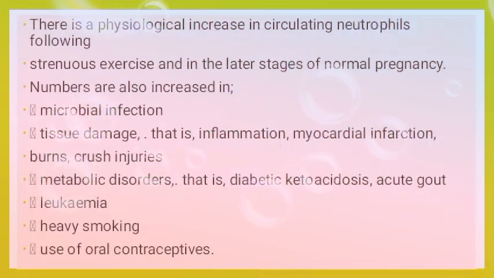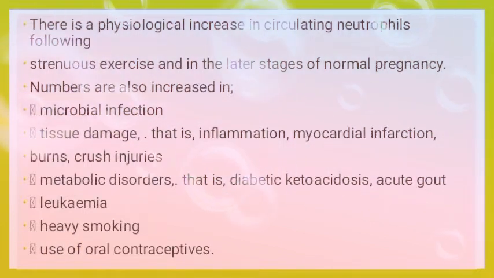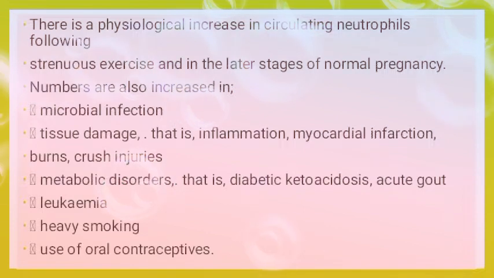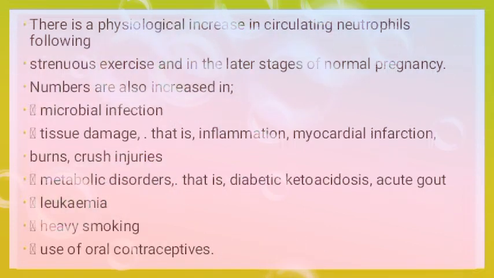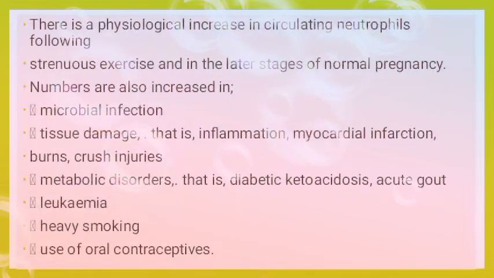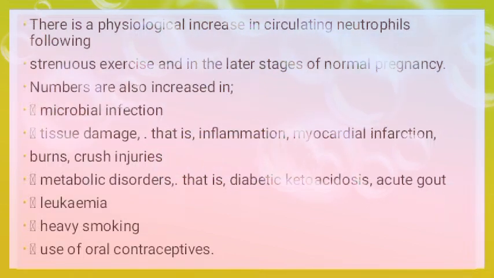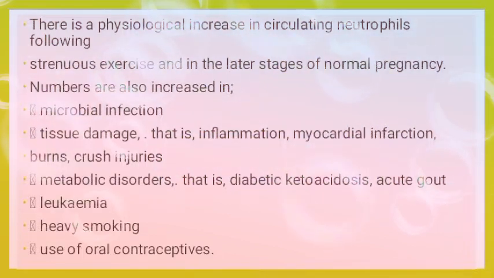And also when there's tissue damage, to aggregate the inflammatory substances that are essential to combat that injury. Also in metabolic disorders like diabetic ketoacidosis, the neutrophils are going to be there to enhance the inflammatory reaction. In leukemia, it is going to be elevated.